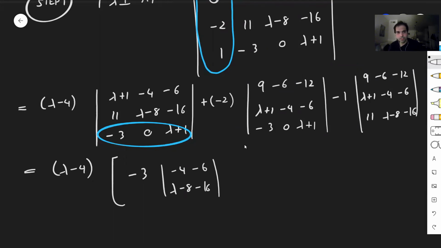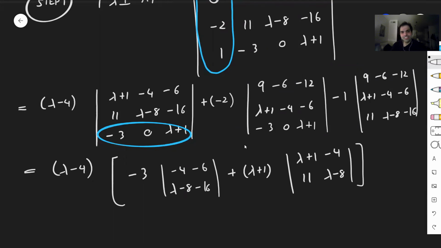And then plus lambda plus 1 times that determinant. So lambda plus 1, -4, 11, lambda minus 8.